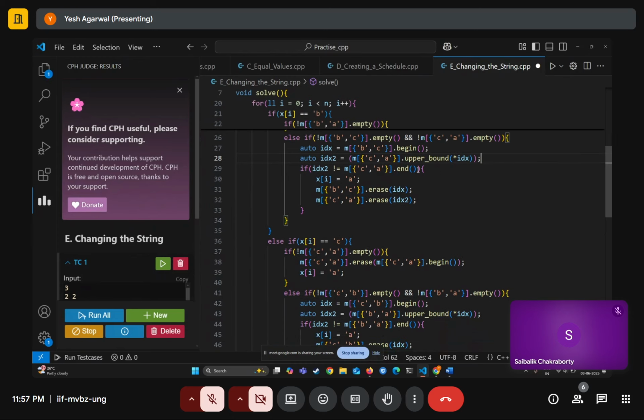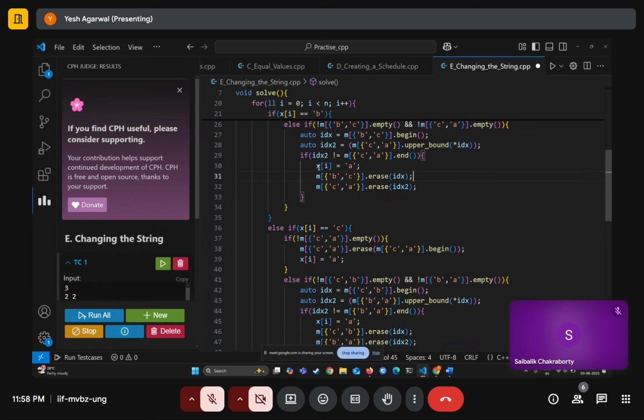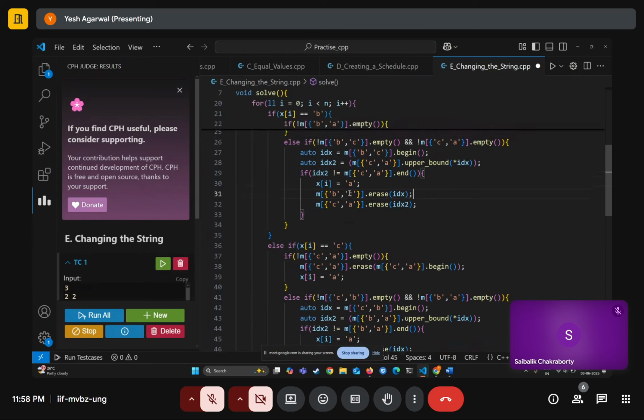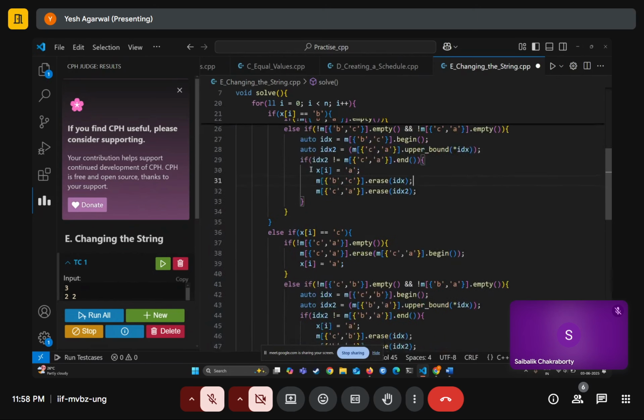So if it is not the end, because basically if there is no index where B to C, C to A exists after index idx, then it returns the end of the set. If that is not the case, then we'll store this and erase the two instances because we have already used those two queries.